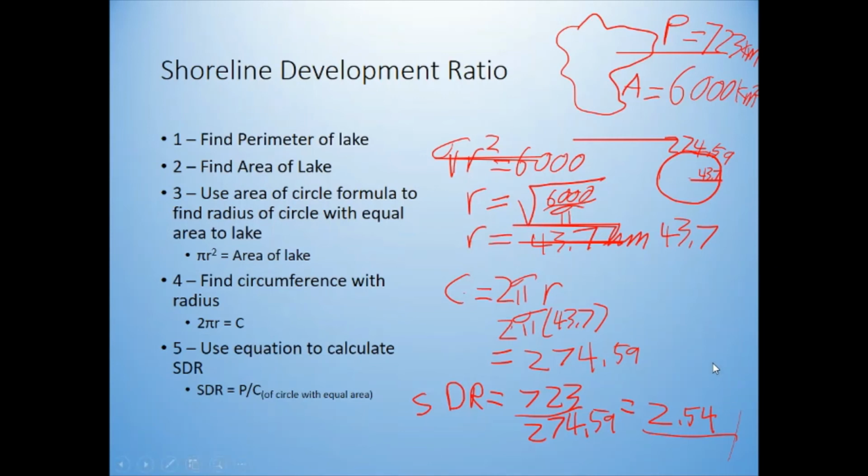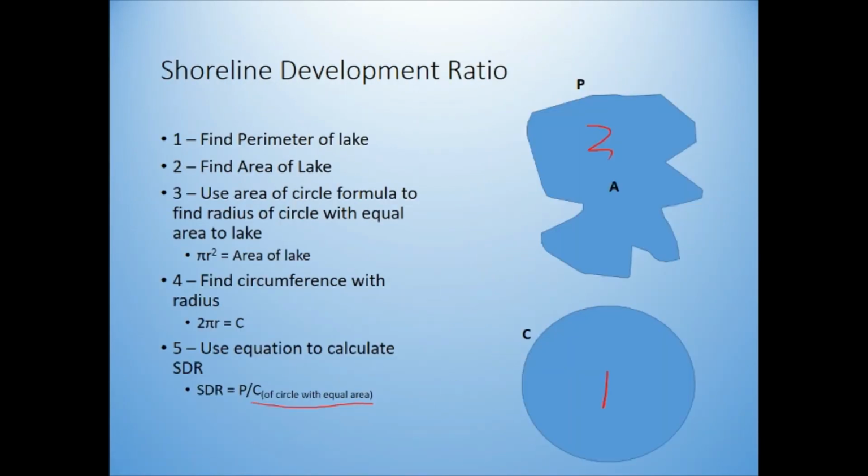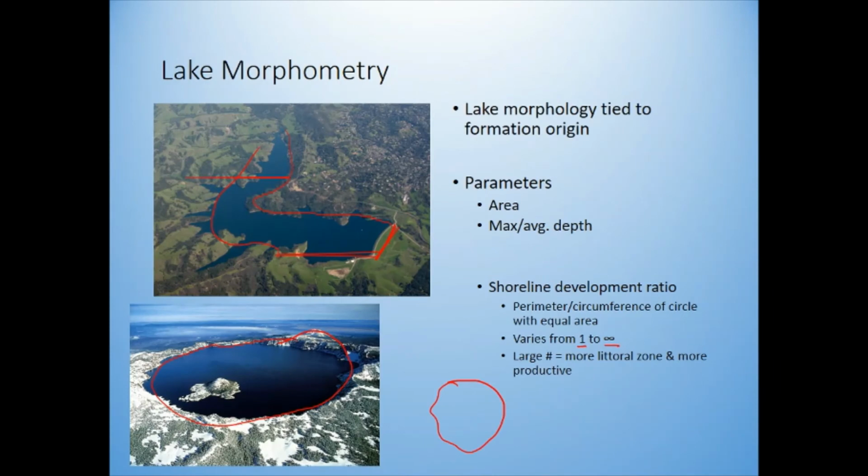So what does this 2.54 number tell us? The higher that number, the less circular that lake is.